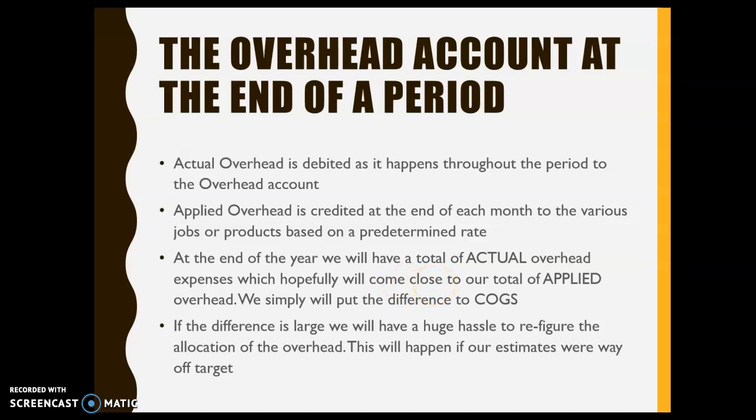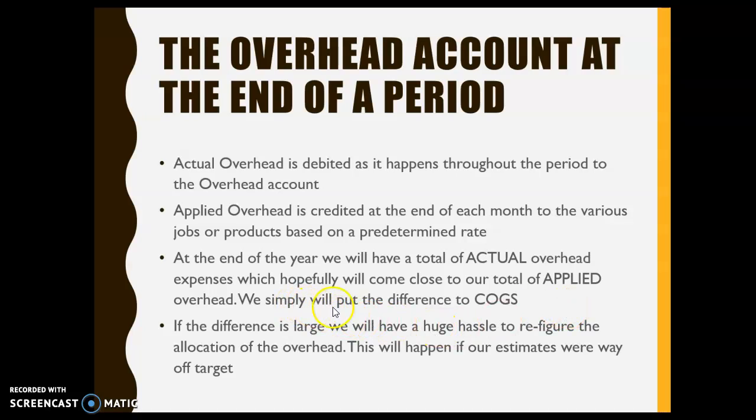If we come close, that means we did a pretty good job of making all our estimates and guesses last fall when we made the formula, when we made the rate. If we did a really good, careful job, and what we actually had for the year is fairly close to what we estimated, and the number of cost driver, direct labor hours or whatever we're using, turns out to be fairly accurate, then the difference between the actual debit and the applied credit in overhead will be fairly small.